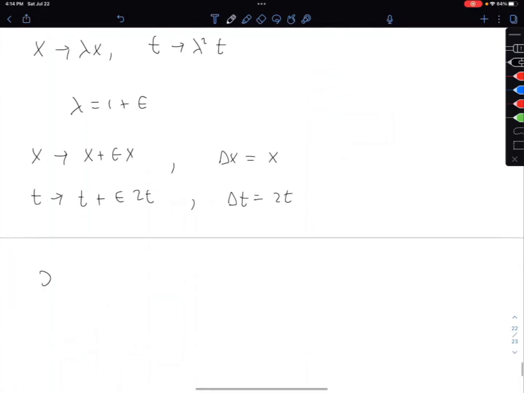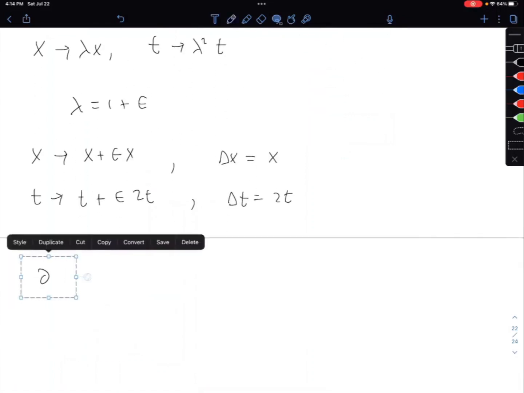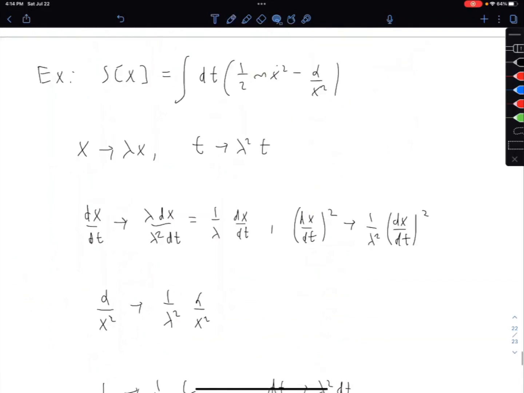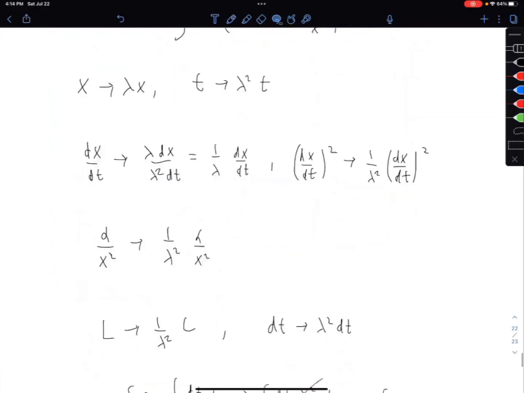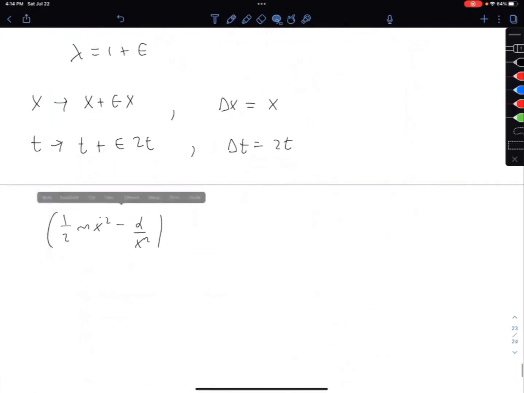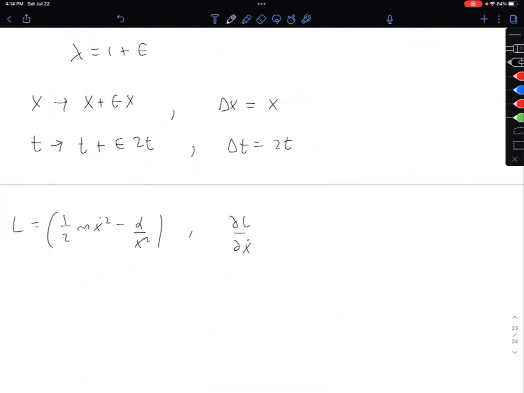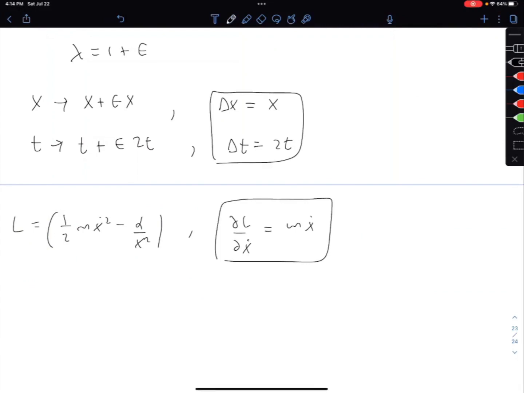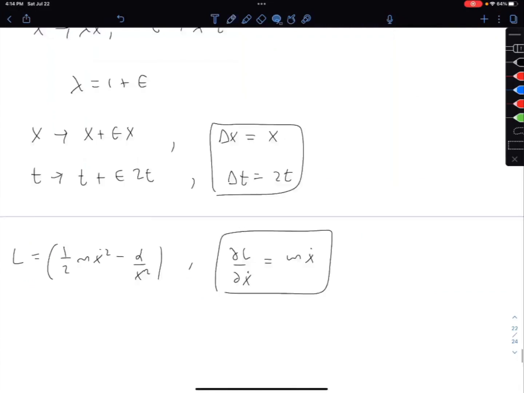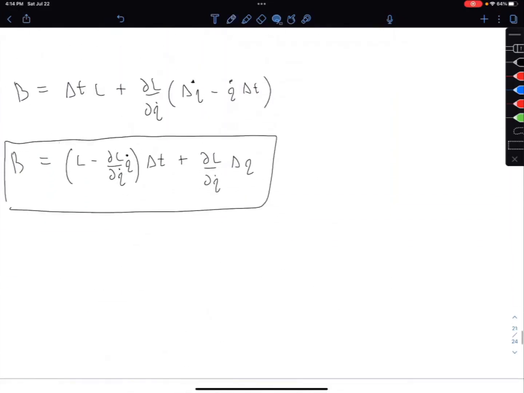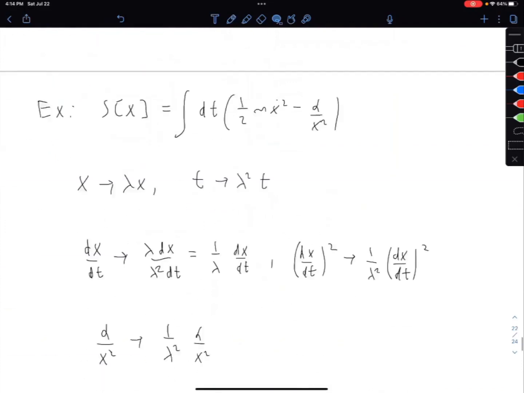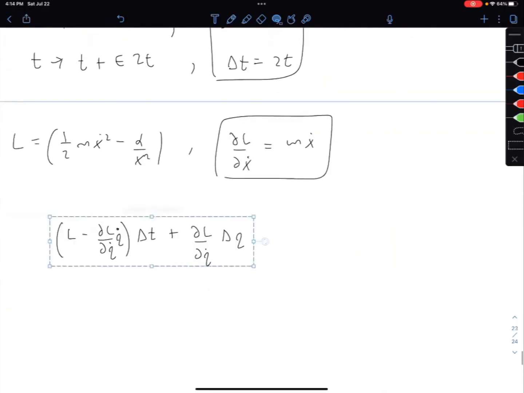Now, remember I have this formula. This is my L, and dL/dx dot is going to be m x dot. And then remember my conserved quantity is just this. This is my conserved quantity.